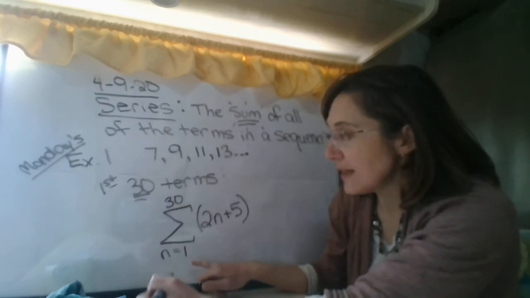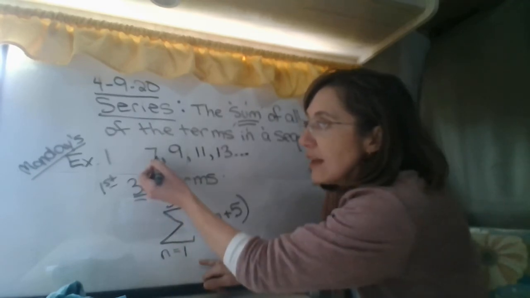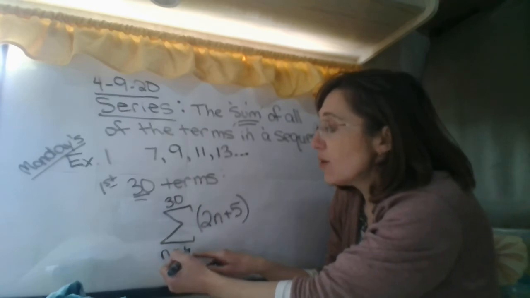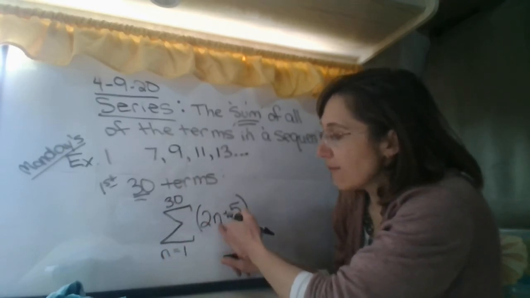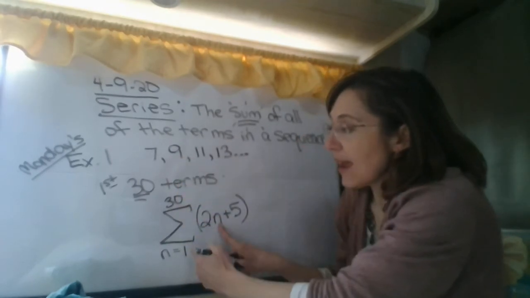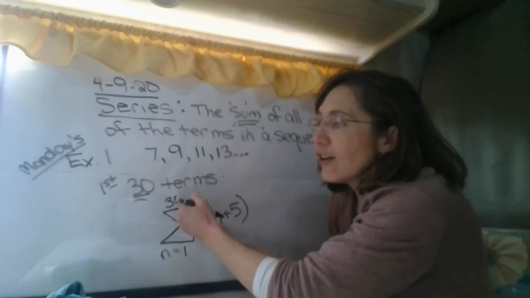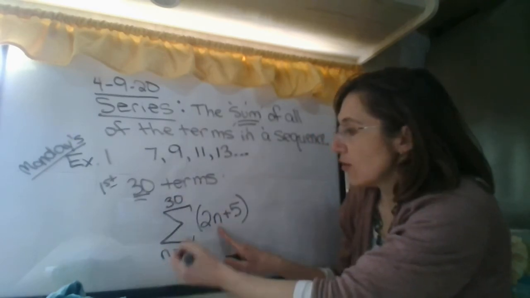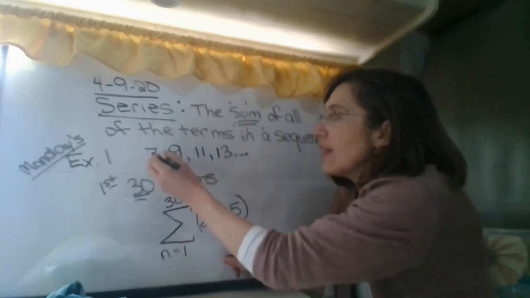So this symbol means you start with a 1, you plug it in, you see what you get. It would be 7. And then you put a 2 in for n. 2 times 2 is 4, add 5 is 9. That's the second term. And then you put a 3 in, and you go from 1 all the way up like a ladder until you get to the 30. So you just keep plugging the numbers in and working it out, and then you add them all up.